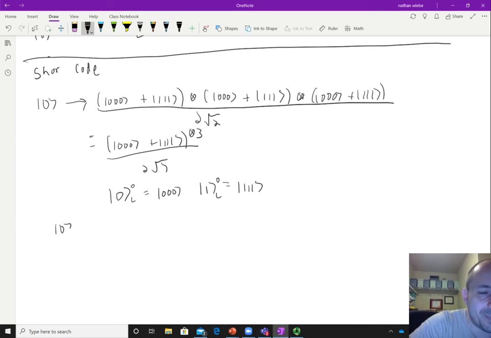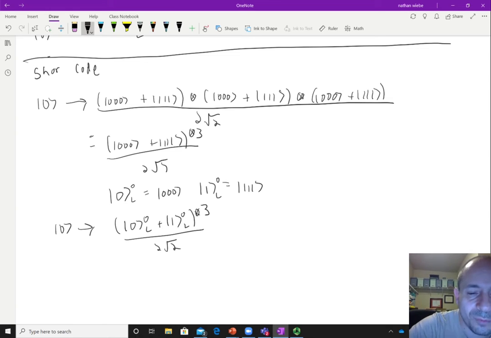Then this mapping can be viewed as a state in the following form: 0, 0L plus 1, 0L, tensor 3, over 2 root 2.